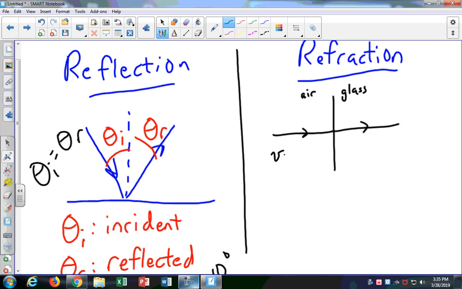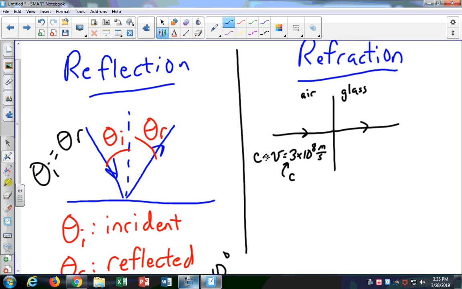The speed of light on this side is 3 times 10 to the 8th meters per second. We call this c, that's the variable we use. So c is equal to the speed of light in a vacuum or in air. It's basically the same. But when it enters into the glass, it's like a truck going into a muddy field. It's going to start slowing down, like it's trying to slug through all that glass.